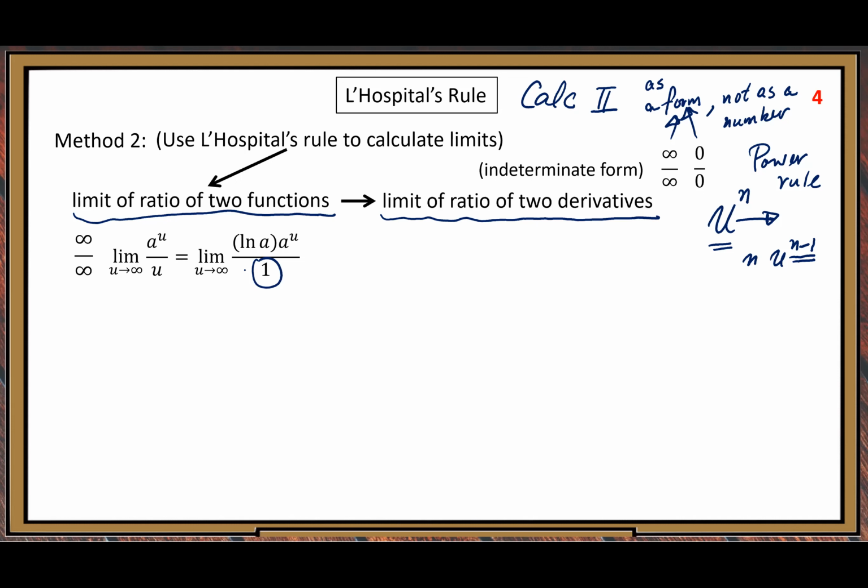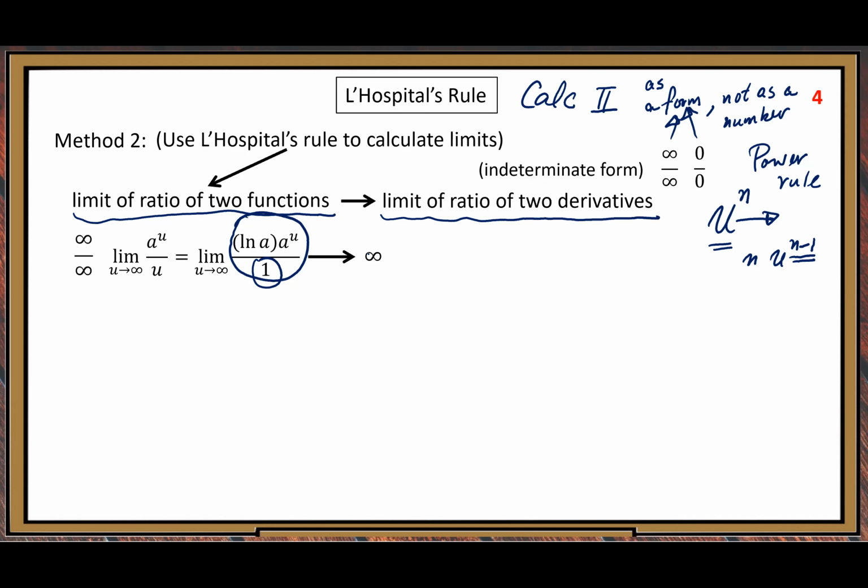Then we can see what happens when u goes to infinity. Here, for this new ratio, you should not apply L'Hopital's rule another time because it's not an indeterminate form. The numerator is 1, a constant. It does not go to infinity. So you should not apply L'Hopital's rule a second time, or you will get a wrong answer.